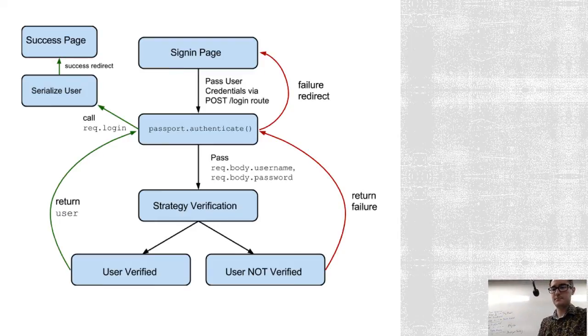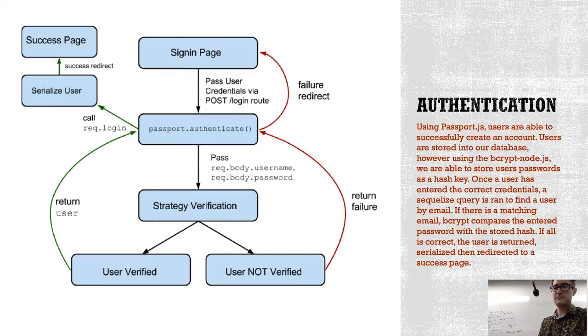Can you go ahead and click it twice? We use bcrypt, which basically stores the user's passwords as a hash. We're using MySQL, Sequelize, to store the users into a table. And then once the user is verified, then it's serialized and then redirected to a success page.